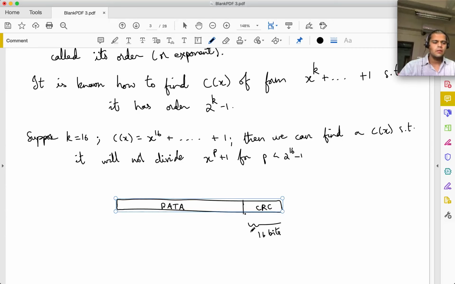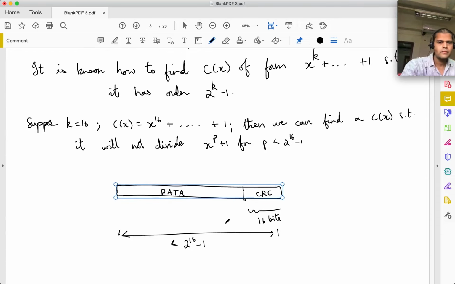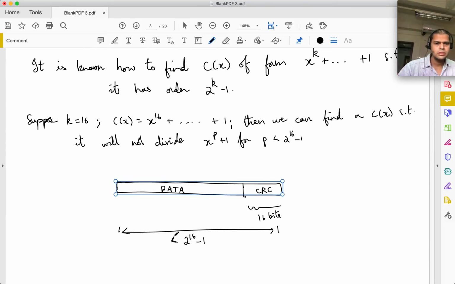And as long as this total length is less than 2 to the power of 16 minus 1, that's a fairly large number of bits. So you can have a very long code word like this, or a very long message, less than 2 to the power of 16 bits.